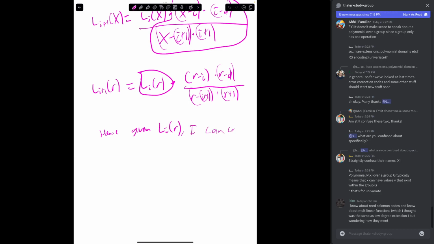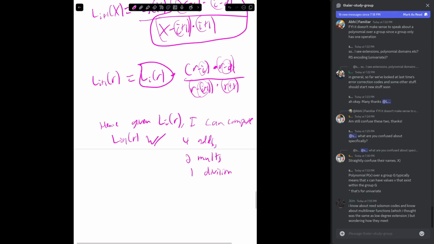So given that I've already computed L_i(r), I can compute L_{i+1}(r) with, I don't know, four additions or subtractions, if I call addition and subtraction the same, two multiplications and one division.